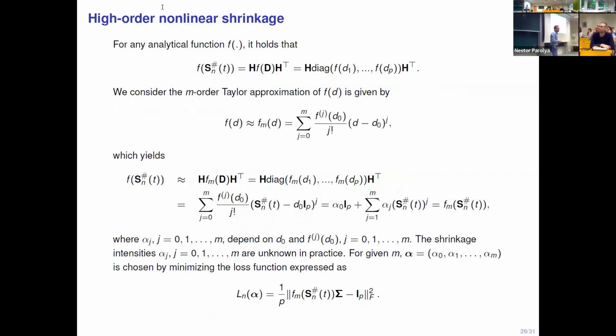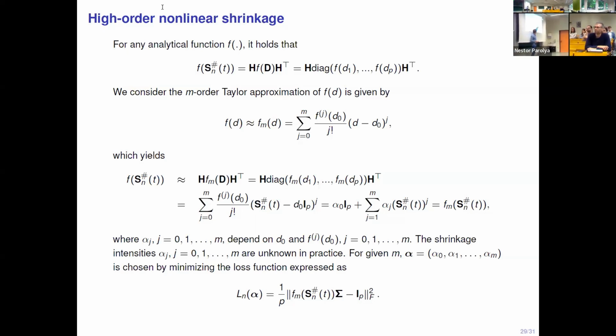And the last one, I said I can give you a lot of examples, but this one I like because I can just take any analytic function of my inverse, a very smooth, nice function, and approximate it by a Taylor expansion to some order m. Those are moments, right? And if I do this, I get this expression. This is the m-th order Taylor expansion or approximation, where if you expand around the same points, you will have the shrinkage of the moment to the identity, by the way.